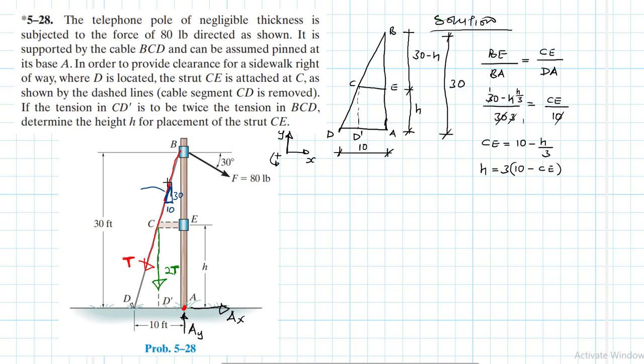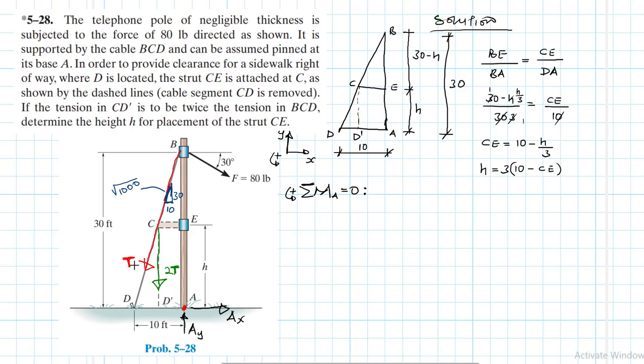So this one is root of 1000. Right. So now let's take moments about point A. We'll say the summation of moments about point A is equal to 0, with clockwise being our reference positive.